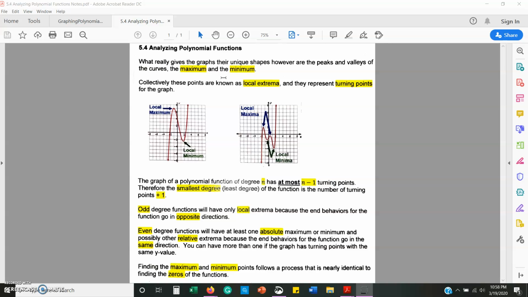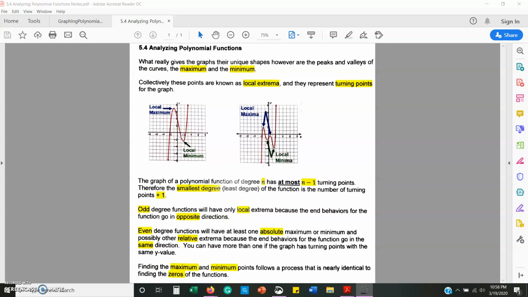Extrema being a plural for extremes. And they also represent turning points for a graph. If you look at the two graphs that are shown here, you'll see there's a local minimum right here on this first graph at the top, and a local maximum, and then a local minimum over here on the right.